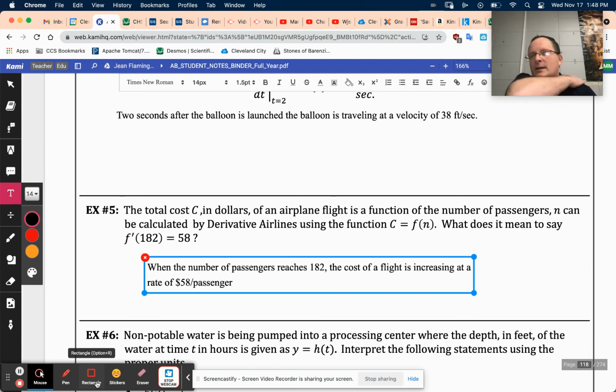Because remember that the thing that's changing is the cost, right?